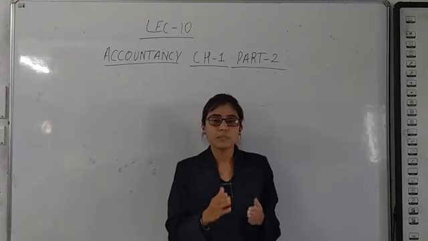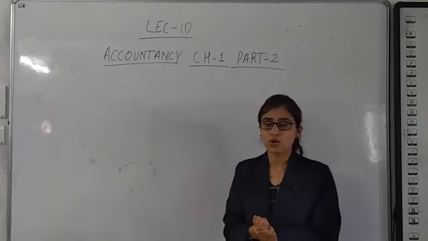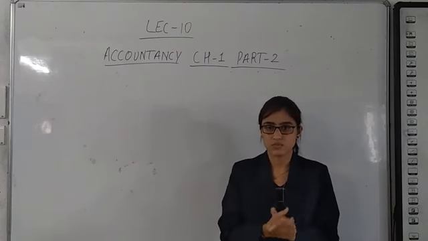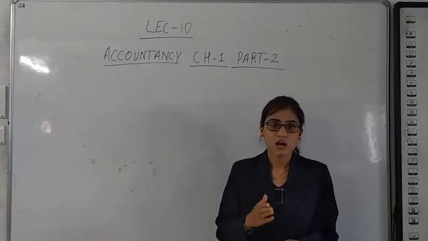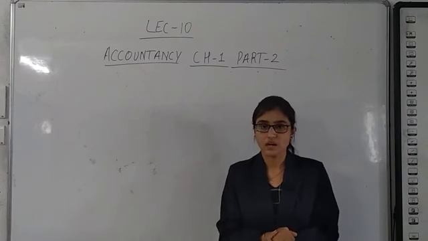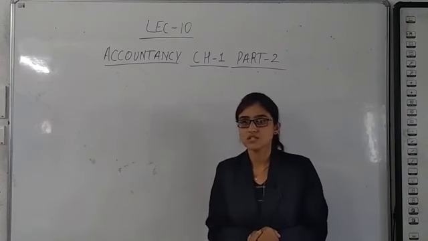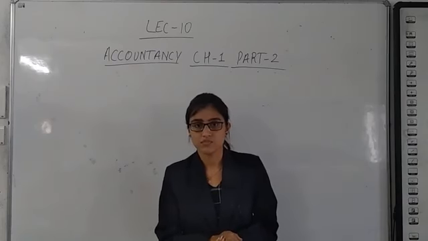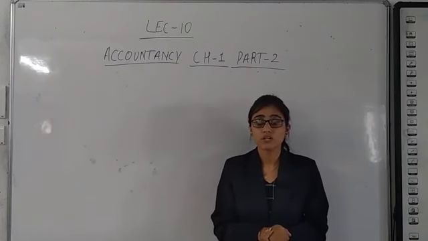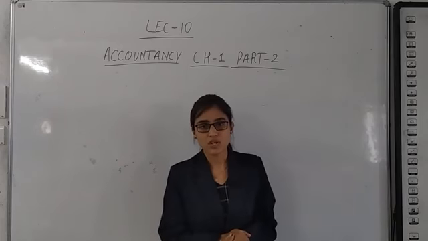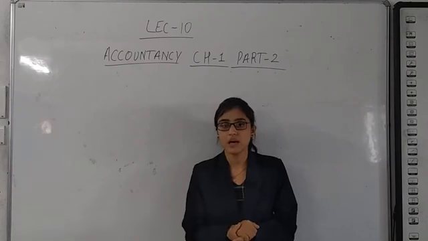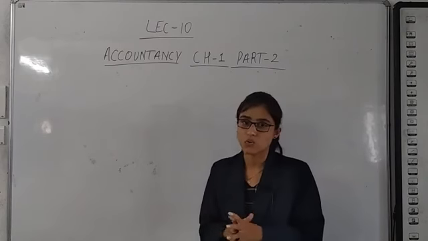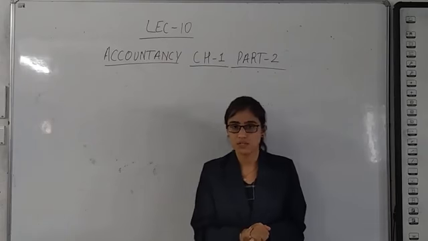We've also understood oversubscription and undersubscription. When the applications are received for more number of shares, it is oversubscription. And when the applications are received for less number of shares, it is undersubscription. Then we understood methods for issue of shares: at par, at premium, and at discount, which is not in your syllabus.